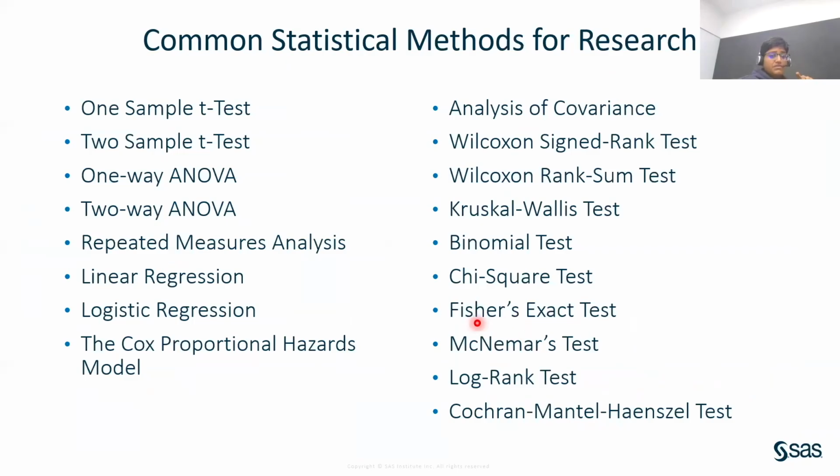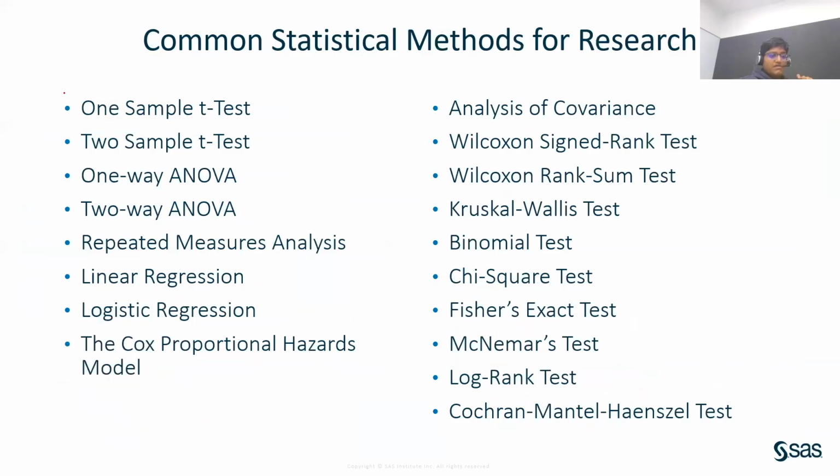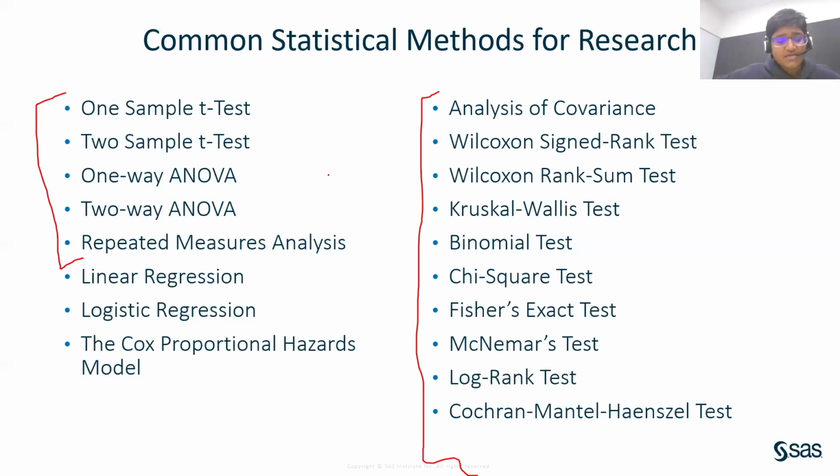You will notice a whole chunk of different statistical analyses written down here, starting from your one sample t-test, going right up to repeated measures analysis, then the analysis of covariance right towards the end. So you have a whole bunch of hypothesis testing in healthcare and life sciences. And very specifically, you have more of the non-parametric tests of analysis as compared to the parametric tests of analysis.